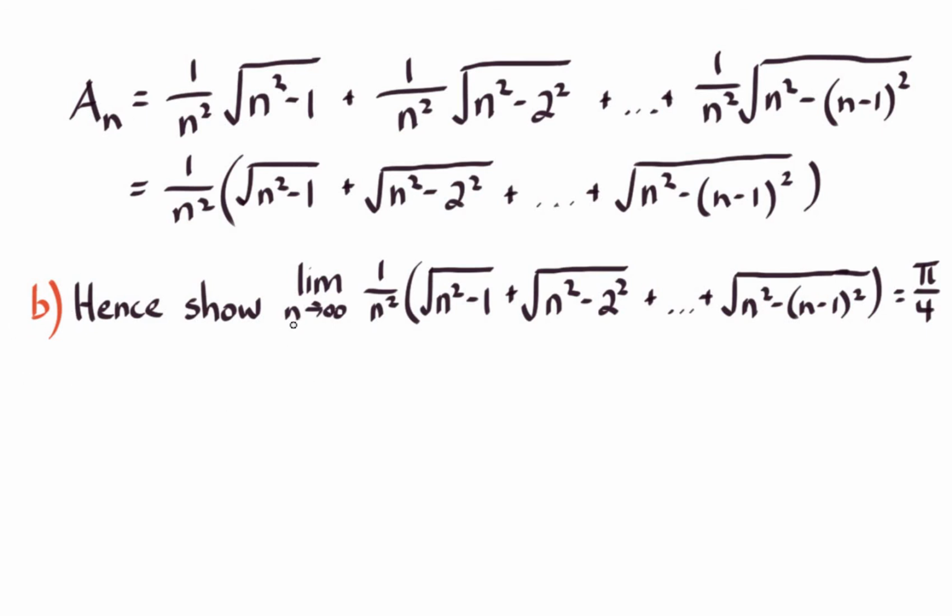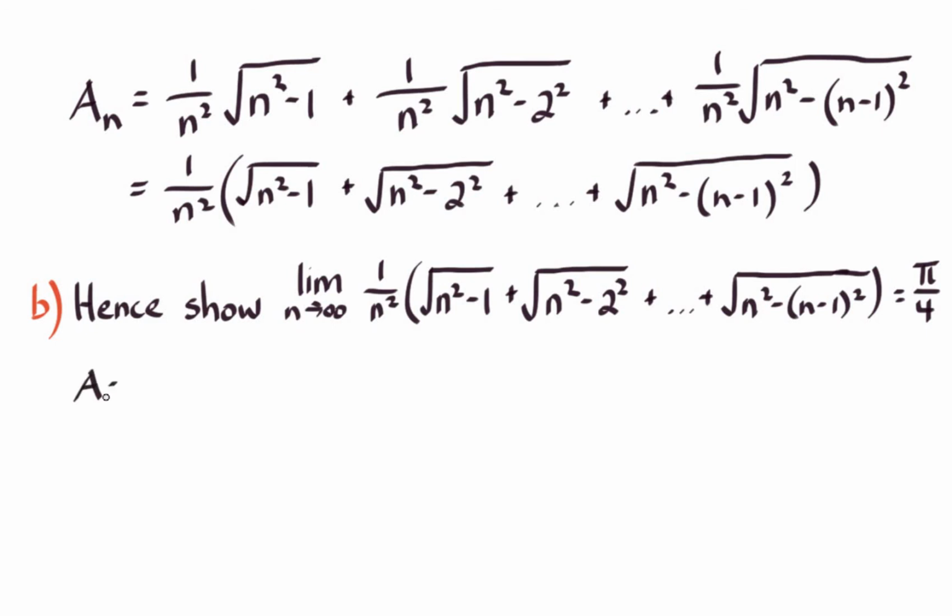And so what does it mean for n to approach infinity? That means we're getting an infinite number of rectangles, or at least we're approaching an infinite number of rectangles, and the width of each rectangle is getting smaller and smaller. So to answer this question, it's probably best just to talk through what we know about approximating areas and the whole integration process.